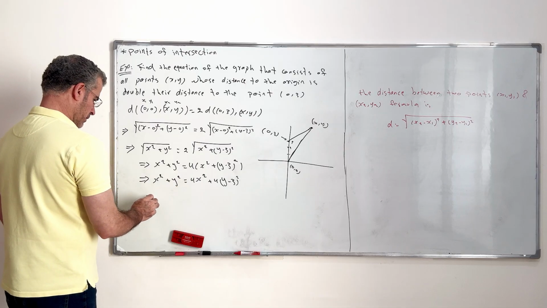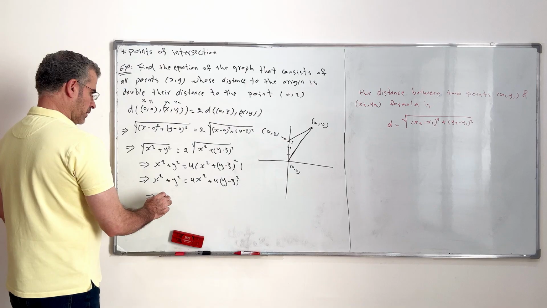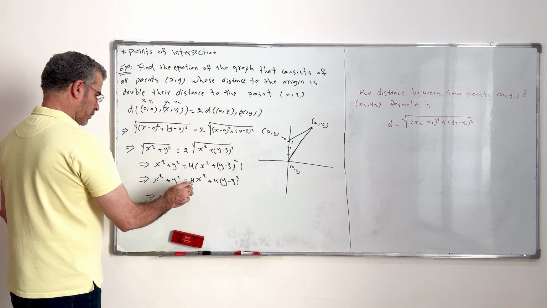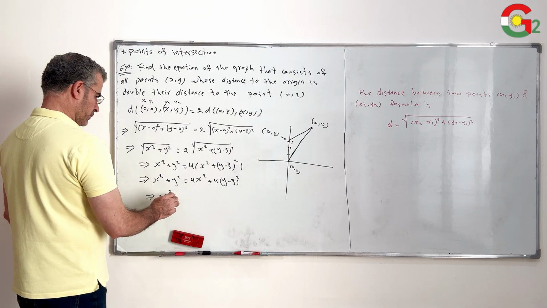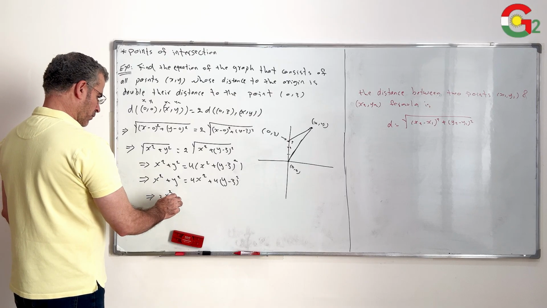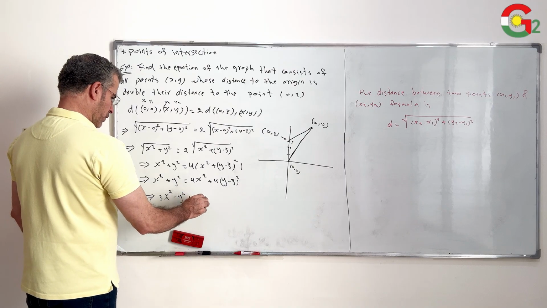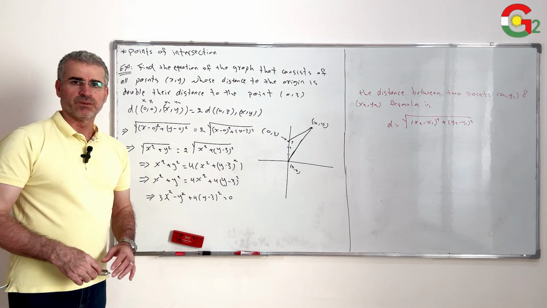Then 4x squared minus x squared is 3x squared, minus y squared plus 4 times y minus 3 squared equals 0.